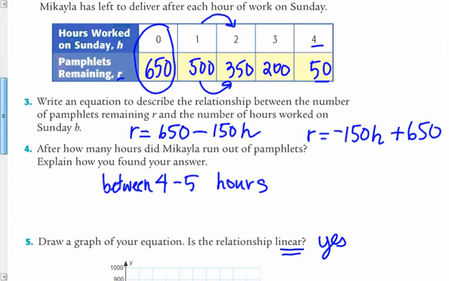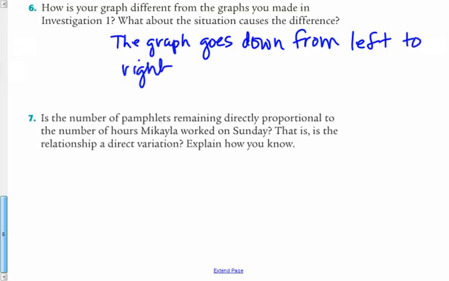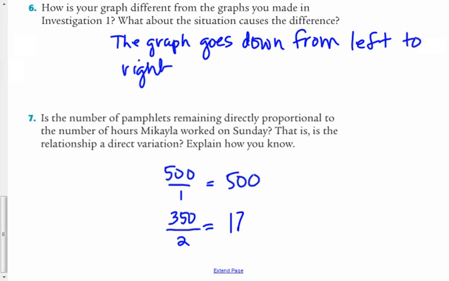After 1 hour, she still had 500 remaining, so 500 divided by 1 is 500. At 2 hours, she had 350 remaining. 350 divided by 2 is 175. These numbers are not proportional. So right away, we would say, no, it's not a direct variation. We do not have the same ratio.